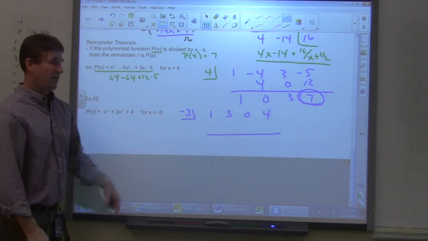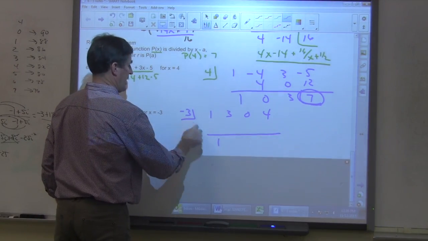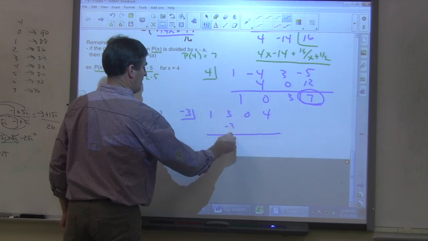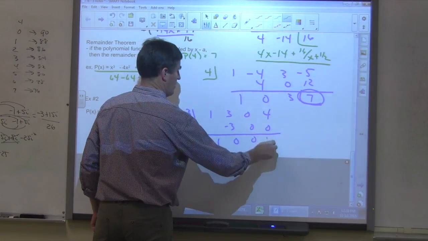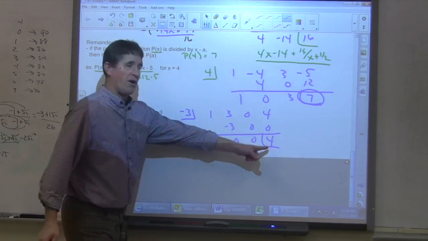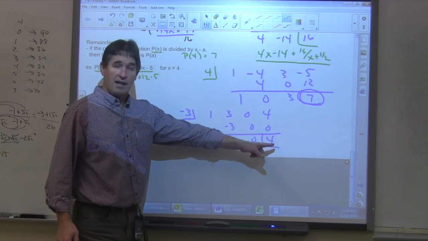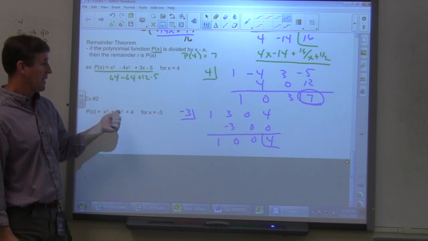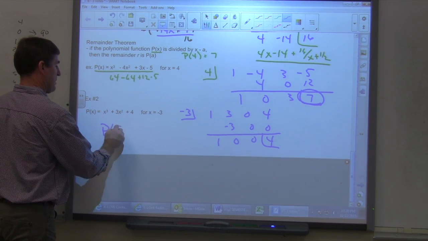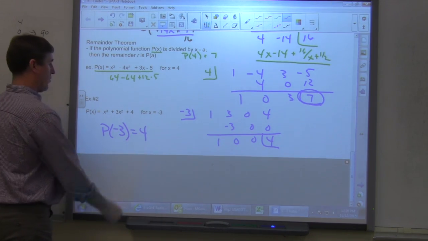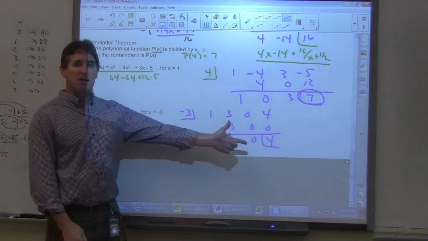And now we just bring down the number. 1, -3 times 1 is -3. 0, 0, 0, 0, 4. Remember, our answer is the answer of what happens when we put in -3. So what they're saying now is P of -3 is equal to 4. Much quicker way to do that.